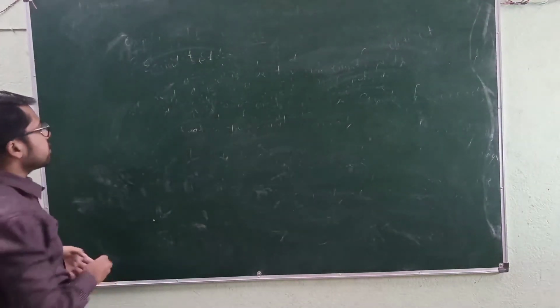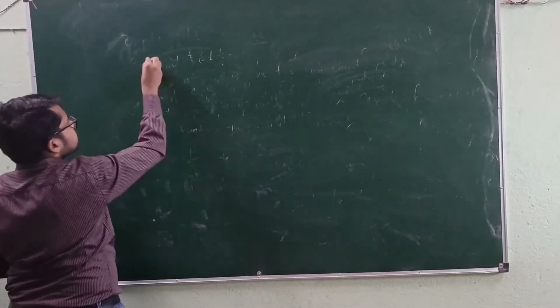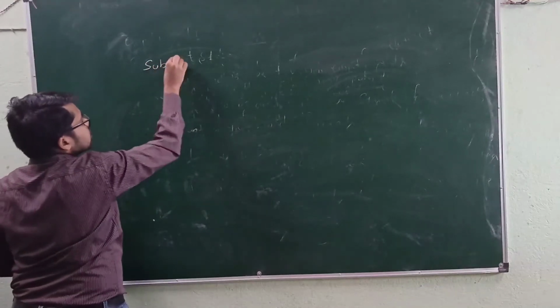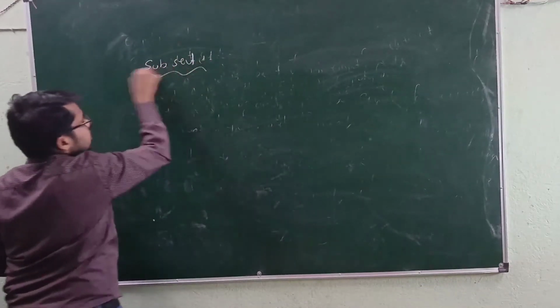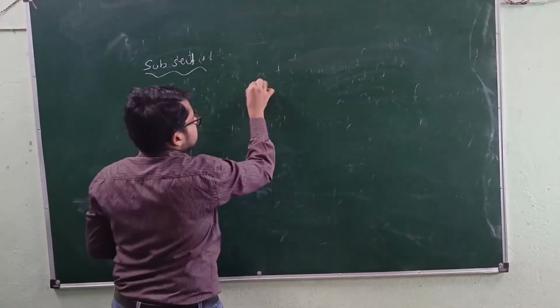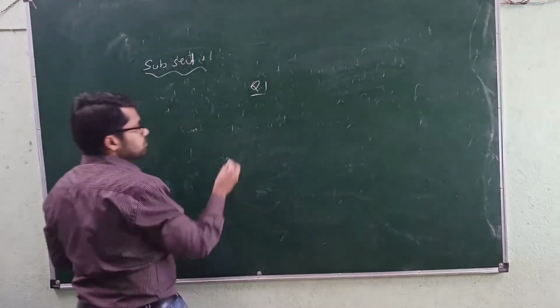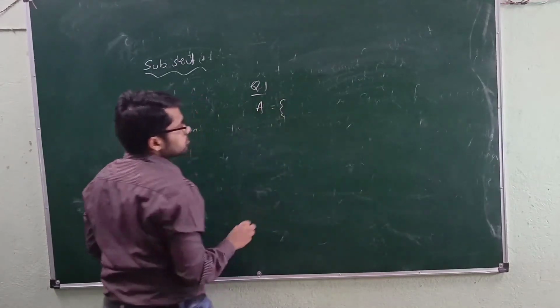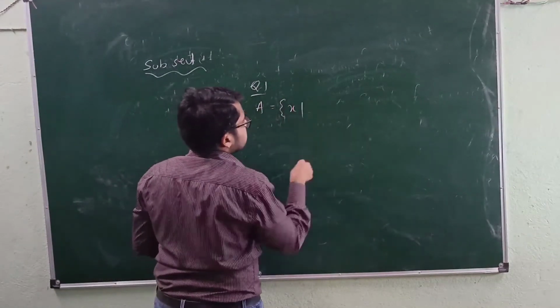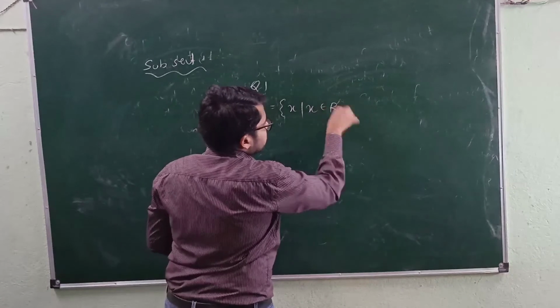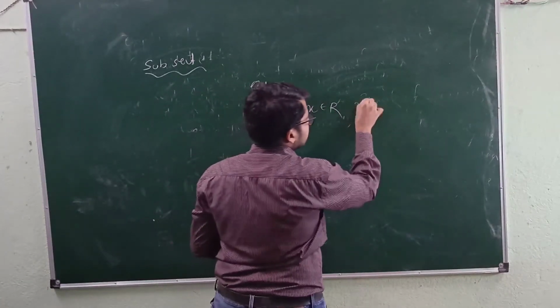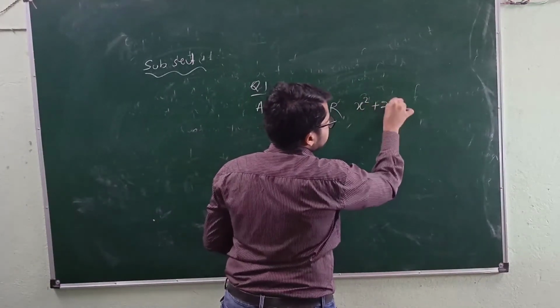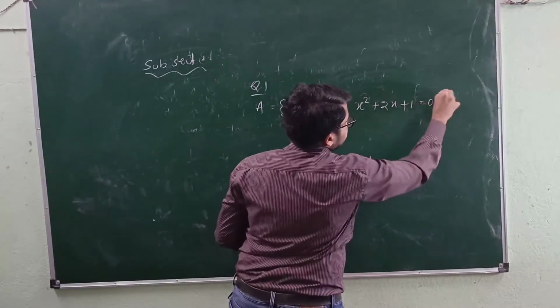Now another concept is there, that is subset. So before going to subset, some questions for you. A set is given, that is A, x such that x belongs to R, where x square plus 2x plus 1 is equal to 0.